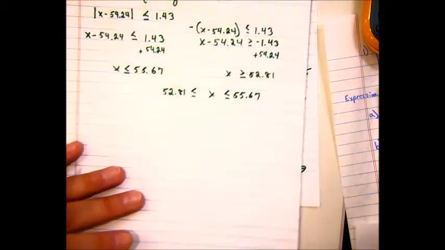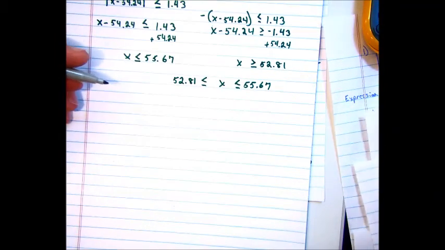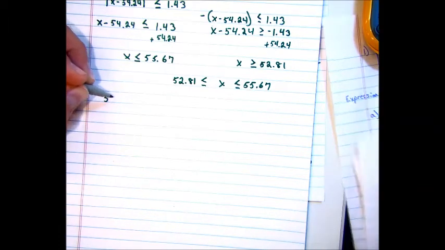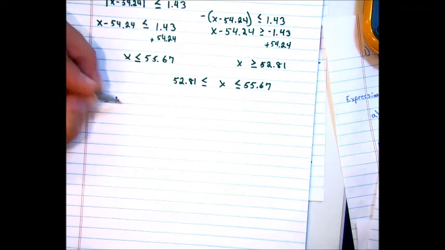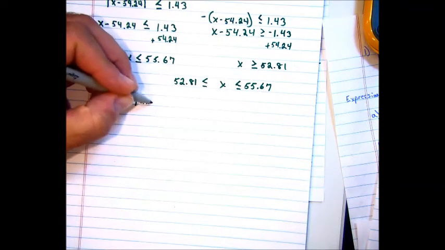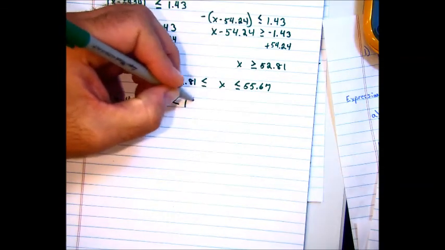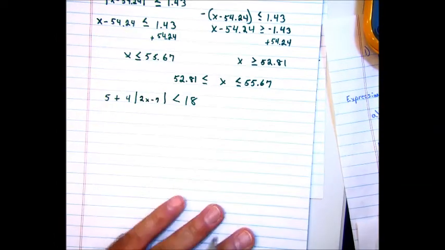So now I'm going to go over a problem that has more than the absolute value sign in it. I'm going to show you this problem because it's the most complex problem you have, but it's not necessarily the hardest. I'm going to put it all together in one really hard problem, supposedly.